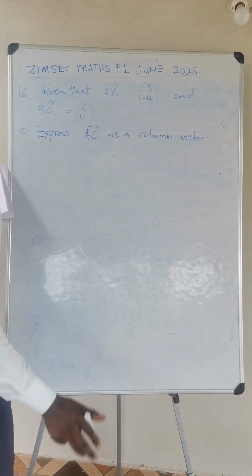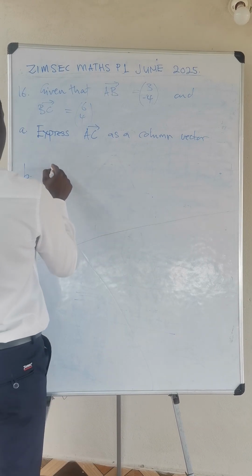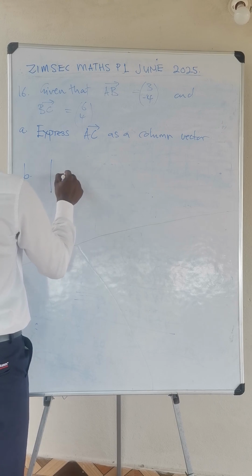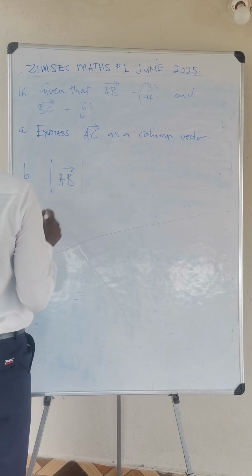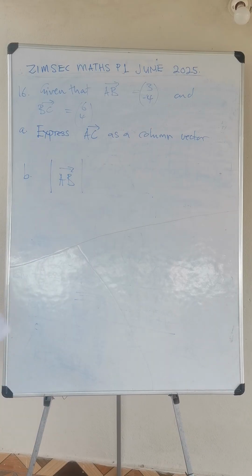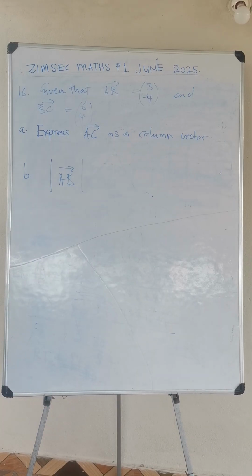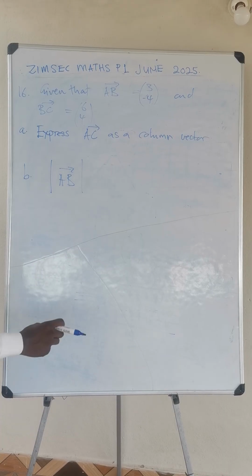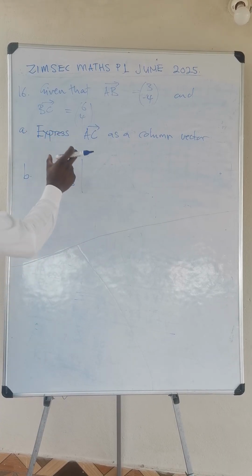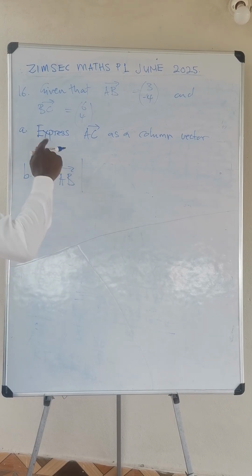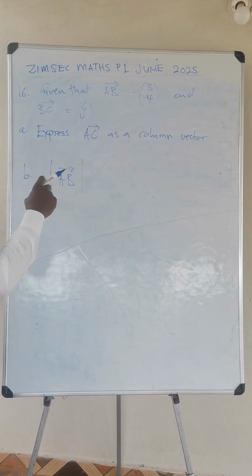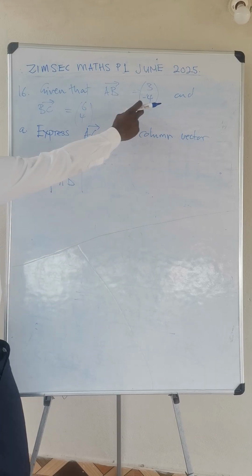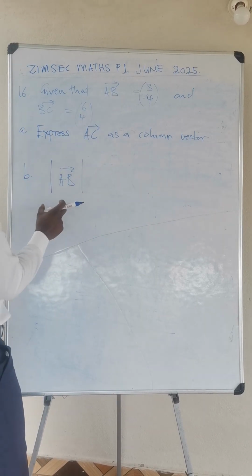Part B says, find the modulus of AB. What is the modulus? Modulus simply means the magnitude. To get the modulus or the magnitude, we square the coordinates and put them under the square root.